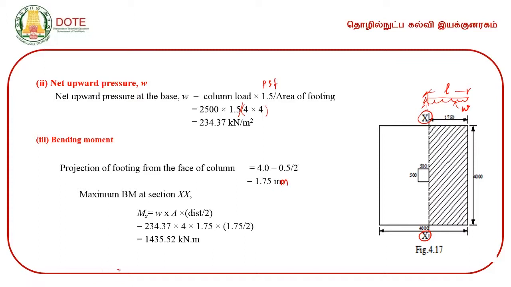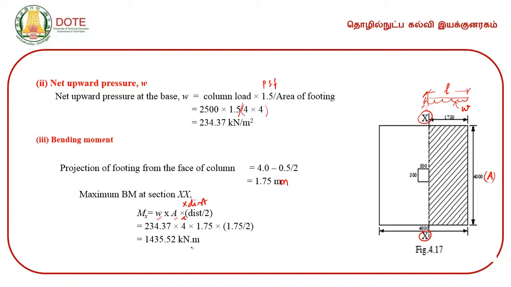The maximum bending moment at this section is equal to the upward pressure, and this A is nothing but this side, into distance, into distance by 2. So this is the intensity of load in terms of area, kilonewton per meter square, multiplied by this length, which gives you the load in terms of kilonewton per meter, multiplied by half of the distance, that is 1.75 by 2.